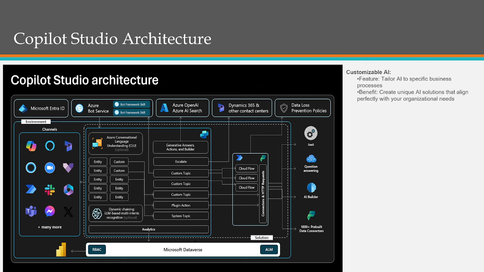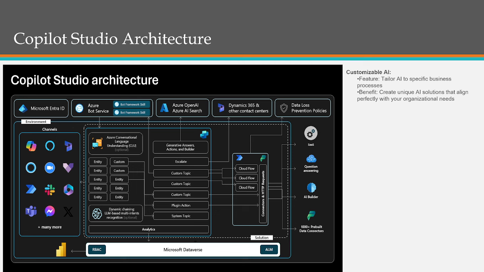To summarize, this Copilot Studio architecture and these features enable us to tailor AI specific to a business process, in our case, course management, and this benefits us in creating a unique AI solution. Now, using Copilot Studio, I can have my own Copilot, my own chatbot, within no time.